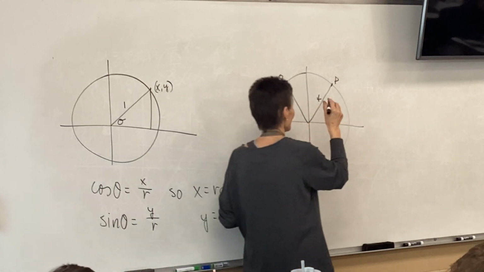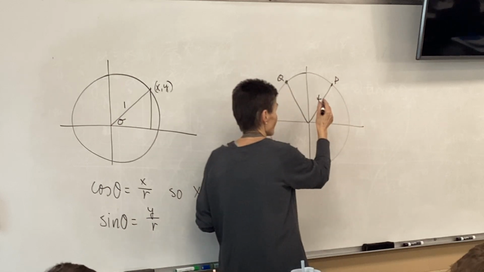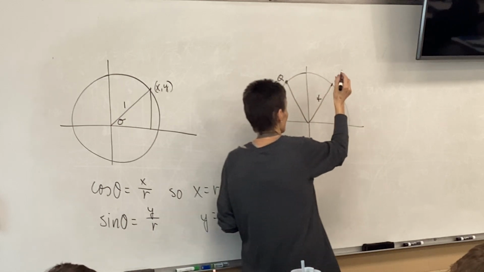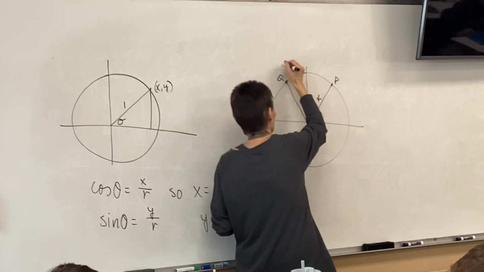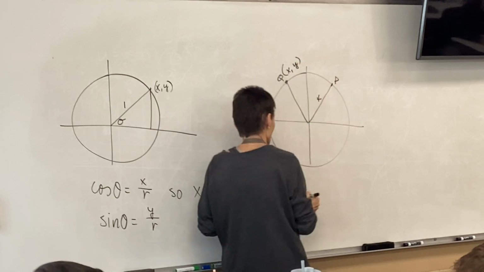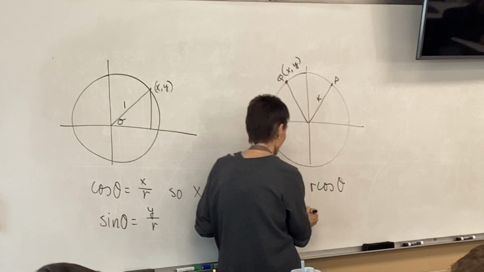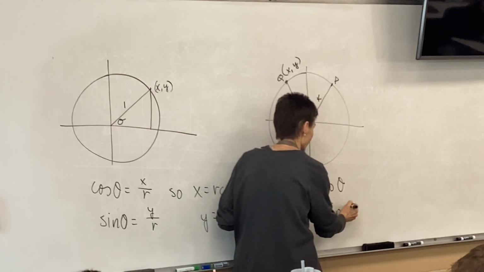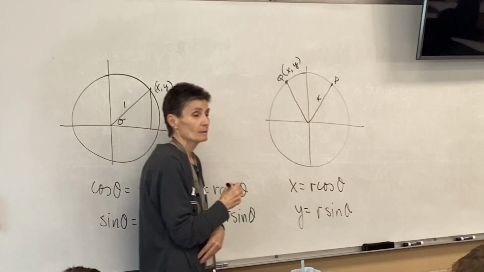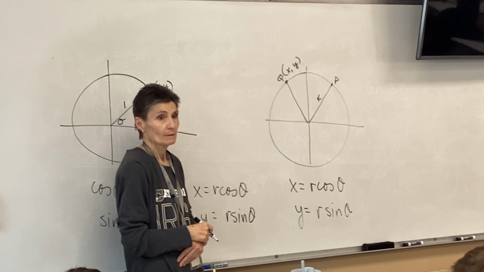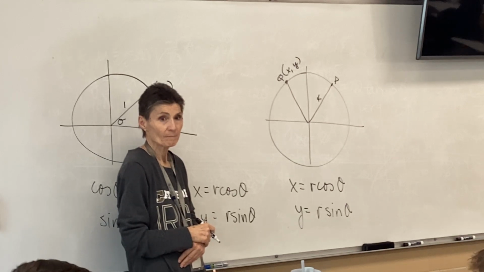Now, you have got to think about what x, we're looking for x and y right here. And x is going to be our r cosine theta, and y is going to be our r sine theta. Would you agree with me?